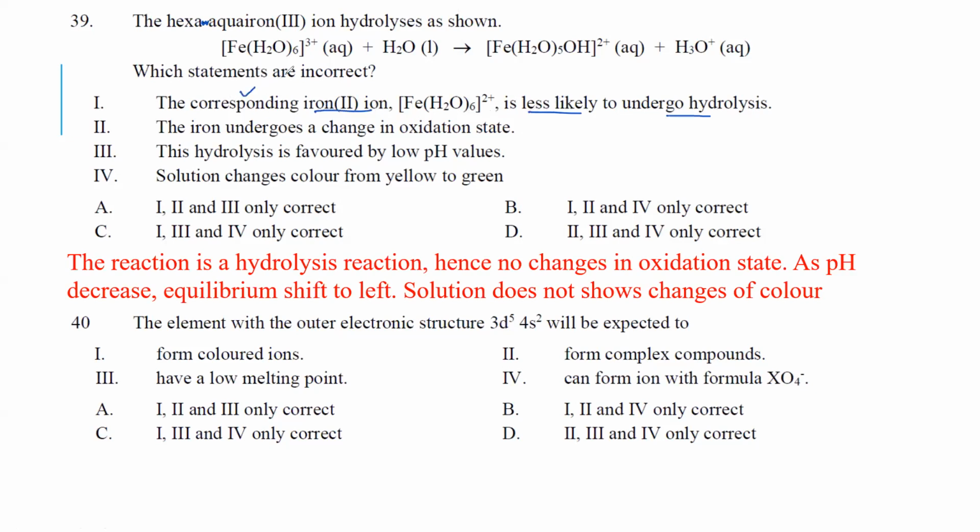I think I typed wrongly in the question. Number 1 is correct because iron(II) is less likely to undergo hydrolysis. And then number 2, iron undergoes changes in oxidation state, which is not true. Iron does not change oxidation state, it is still +3.